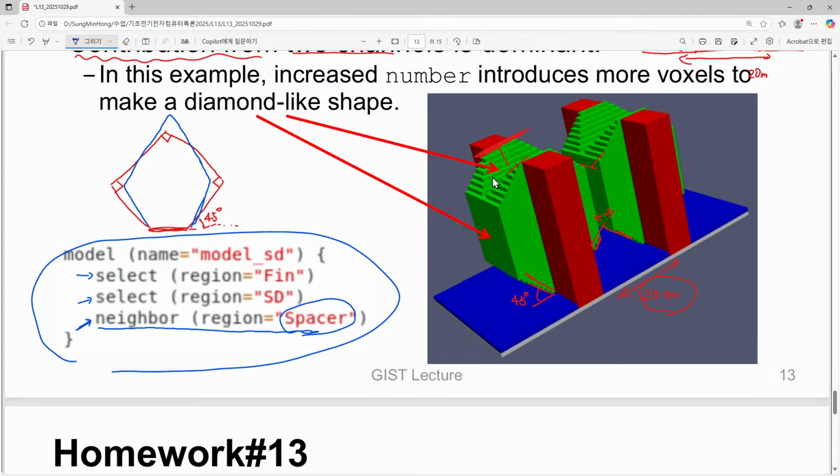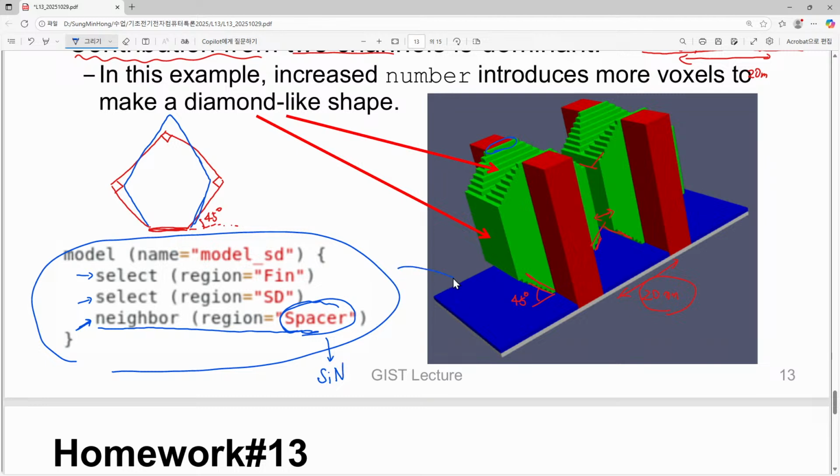If you don't have it, it actually works without this neighbor one. But in that case, you will have a slightly distorted shape nearby the spacer. Usually the spacer is made of silicon nitride, and as we have seen in our previous lectures, silicon nitride is not that strict in preventing epitaxy growth.